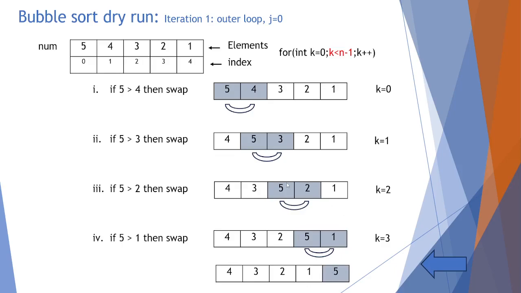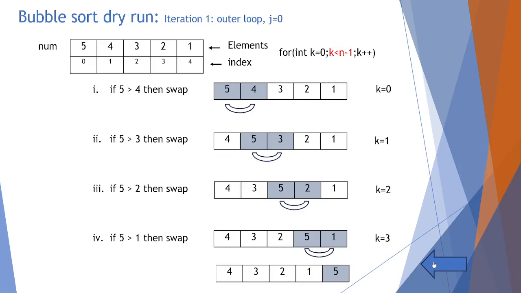So swapped and the new array is 4, 5, 3, 2, 1. And again it's 5 greater than 3, swap. Then 4, 3, 5, 2, 1. Is 5 greater than 2, swap. 5 greater than 1, swap. In the first iteration of the outer loop and all iterations of inner loop, 5 has gone to its position.